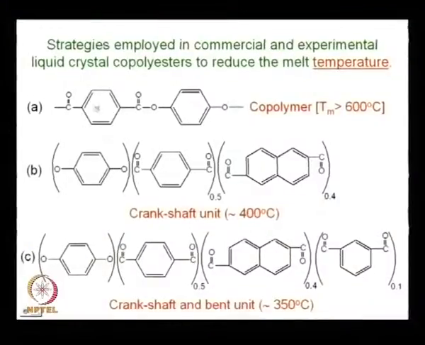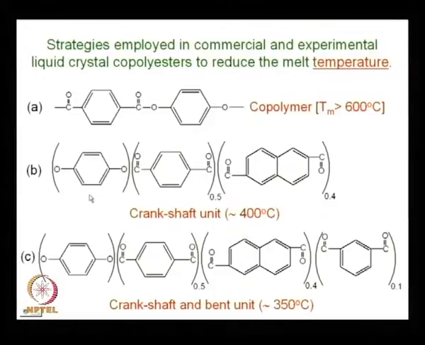Then look at this polymer. Now, here these two units have been kept over here. Now, in order to decrease the melting temperature of this polymer, a certain percentage of this unit is placed. What is this unit? This is crankshaft unit, some crankshaft unit is placed over. So, this is 0.5, this is 0.4, this is 0.1.